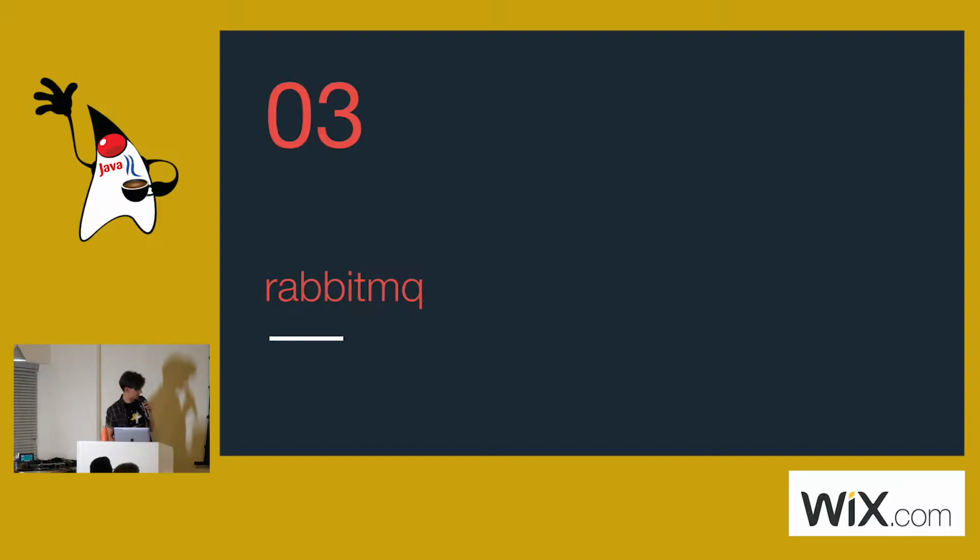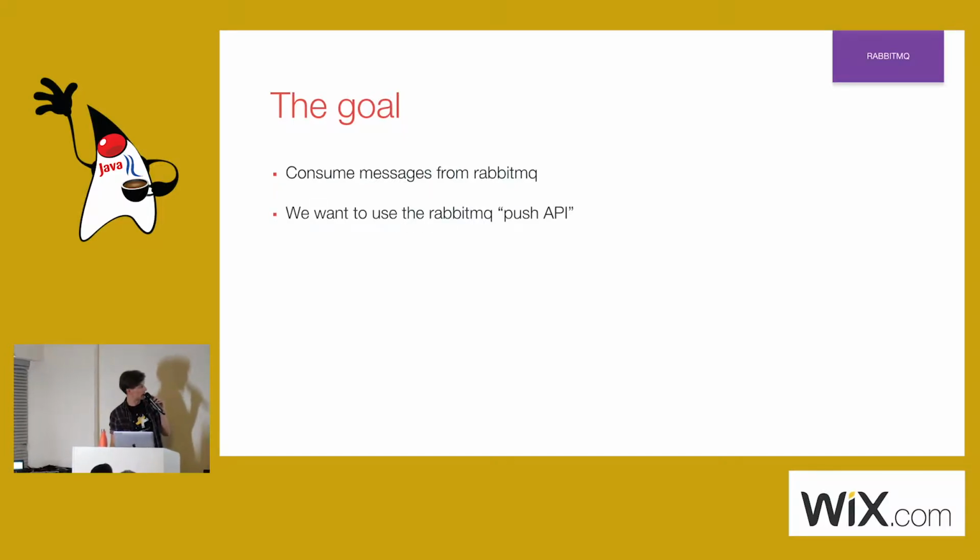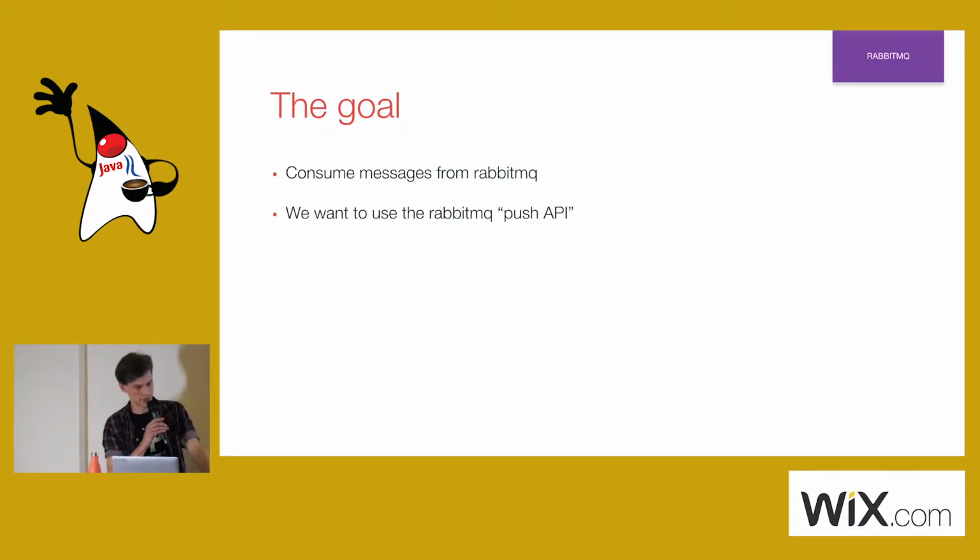So next up, we'll try to use RabbitMQ, which is a message queue. The goal would be to consume messages from RabbitMQ. We want to use the RabbitMQ push API, which means that the RabbitMQ client calls your code when it gets a new message.